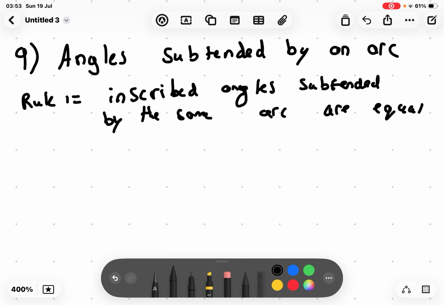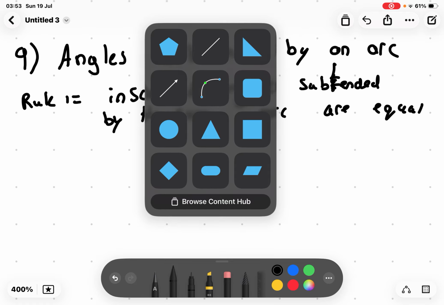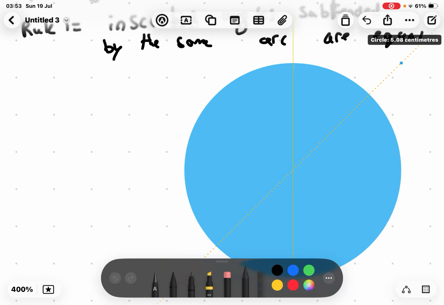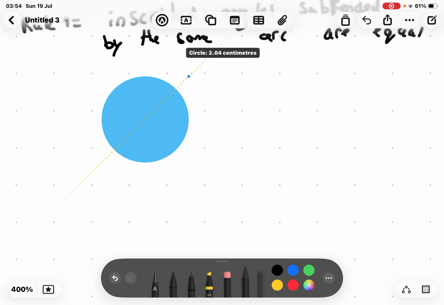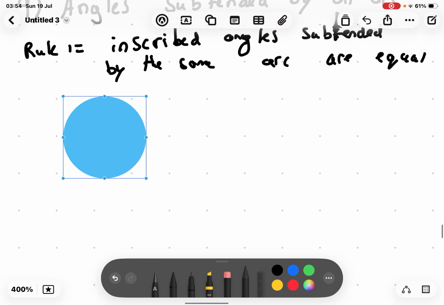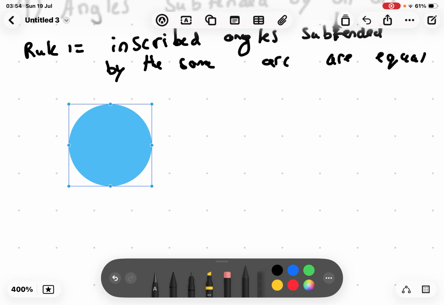So in inscribed angles, angles subtended by the same arc are equal. So let's say we have a circle, and the arc length is here.